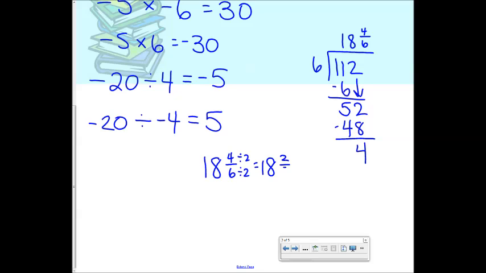So there's one possibility, okay? Or we can do it as a decimal. If it's 18 here, then Jessica said I would add a decimal and then what? Add a 0. How many times does 6 go into 40? 6 times. What's 6 times 6? Okay. So now I add another 0.